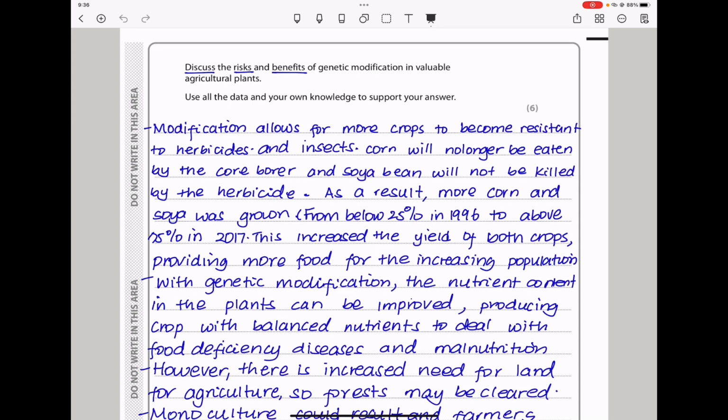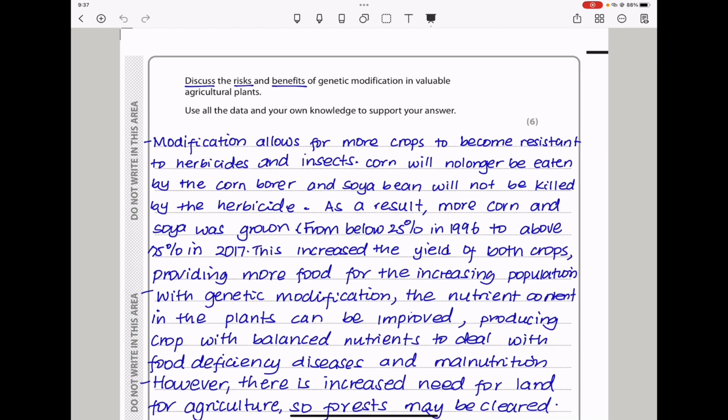People are going to have a balanced diet because now we can genetically modify the crops in order to introduce specific nutrients that are required to give a balanced diet. So malnutrition will be dealt with. Problems are that it's going to take up land, and then those pesticides, there is a possibility of horizontal gene transfer.